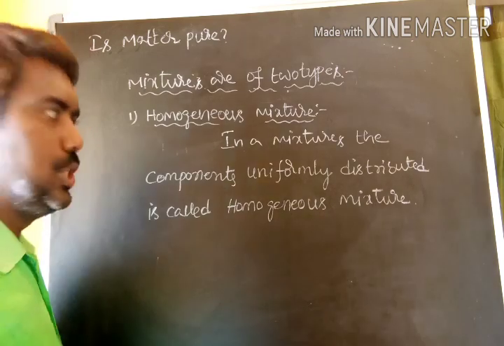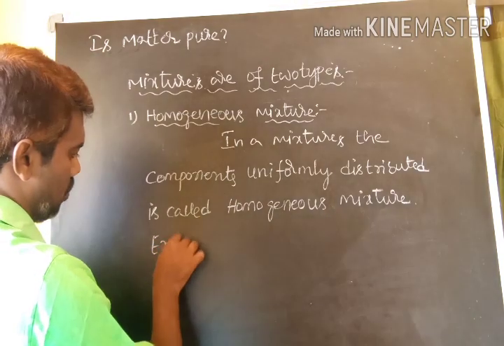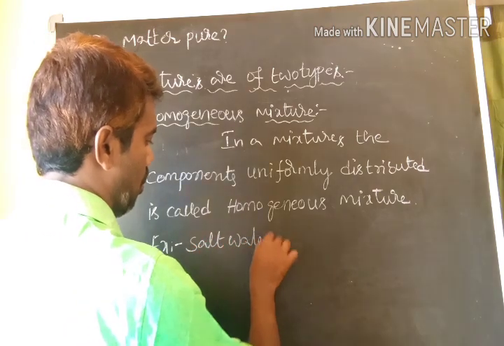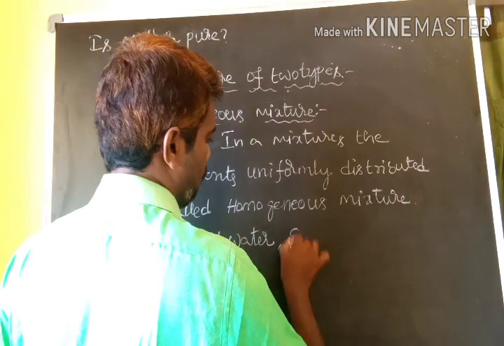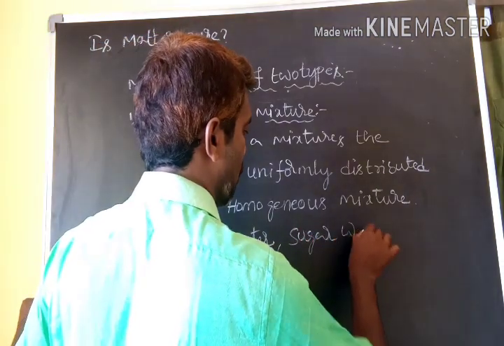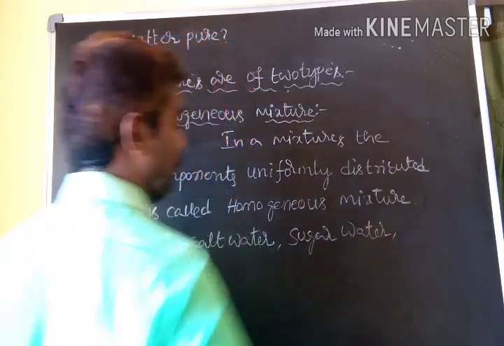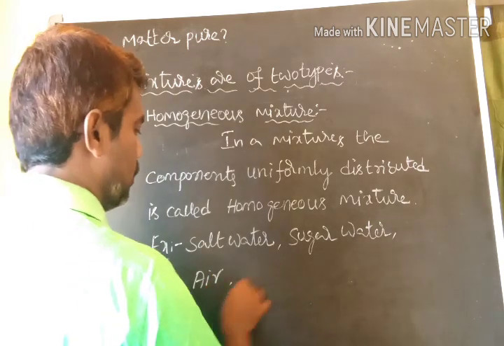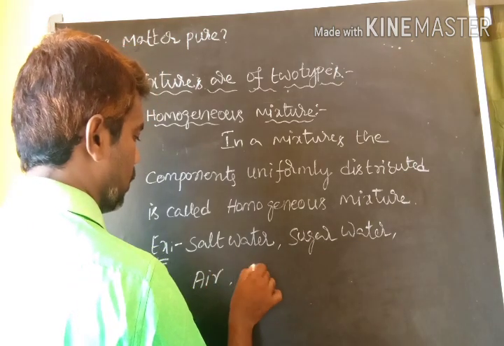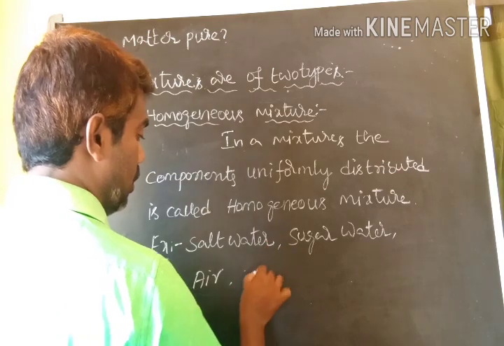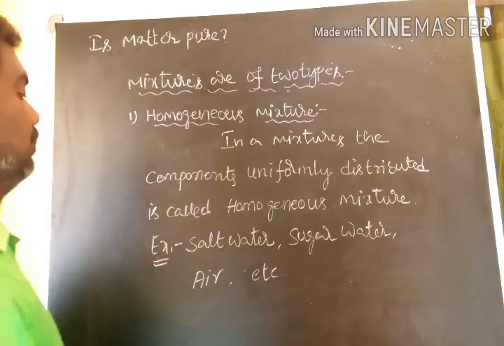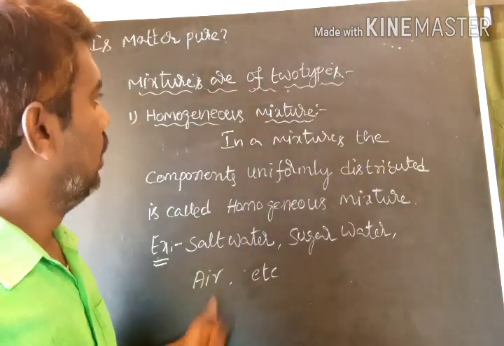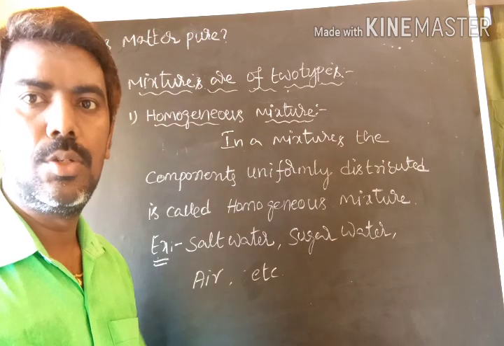What are the examples of homogeneous mixtures? Salt water. Next, sugar water. Air. Etc. These are the homogeneous mixtures. Urea water. These are also examples of homogeneous mixtures.